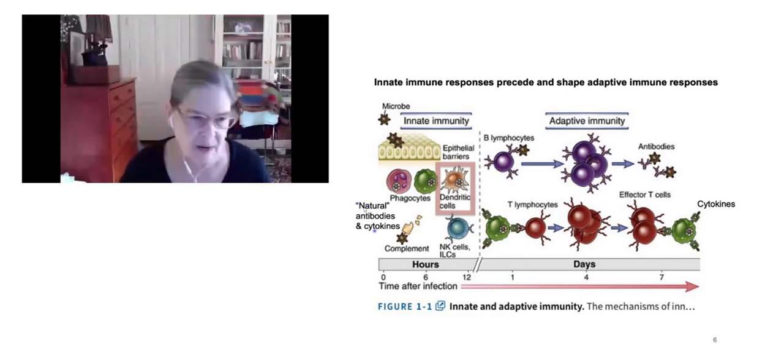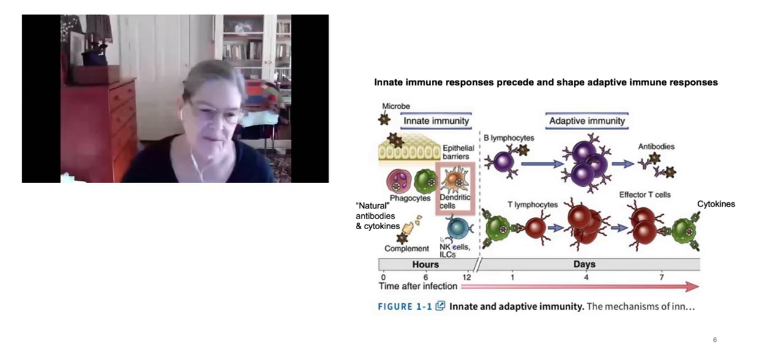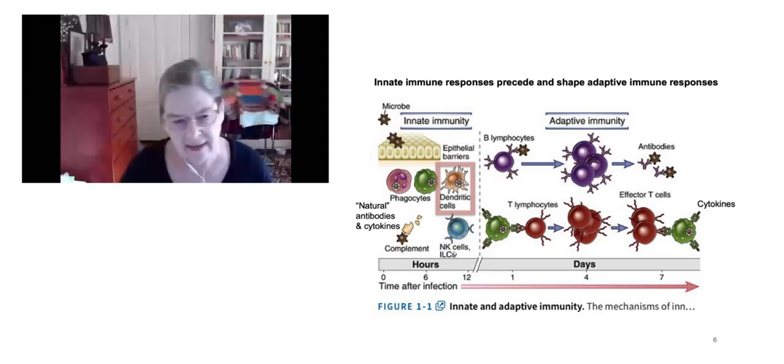At the same time, you have natural antibodies and cytokines that are pre-existing, as well as phagocytes that can get activated, and complement, for instance, and these other cells called NK cells and innate lymphoid cells. All of these work together in the early hours after, let's say, the beginning of an infection.